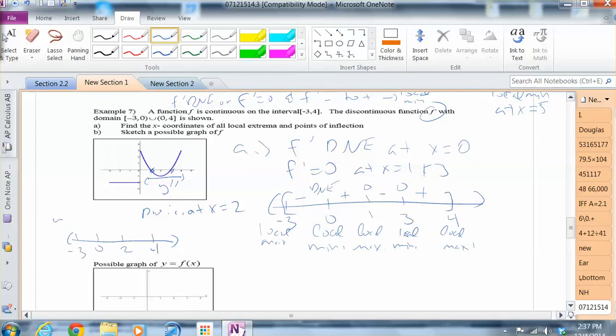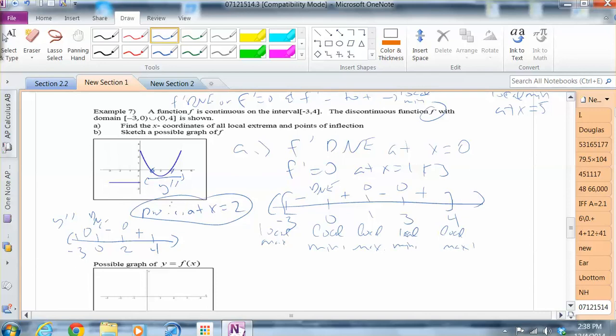Our second derivative is definitely 0 between -3 and 0, because you're taking the slope of the derivative graph. It's negative from 0 to 2, and of course it does not exist at 0. The second derivative is 0 at 2. And the second derivative is definitely positive from 2 to 4, because again, you're doing the derivative of a derivative to get the second derivative. So it only changes at 2. So we have a point of inflection right there.